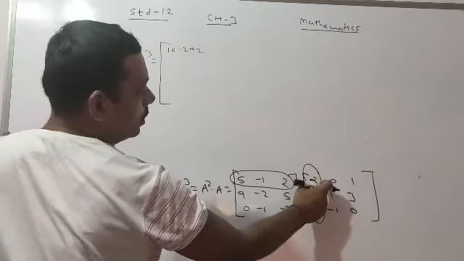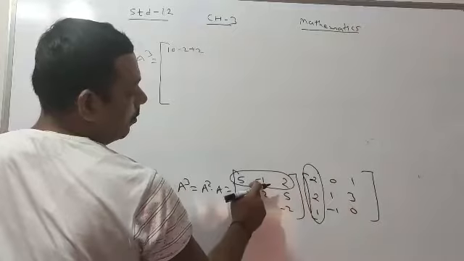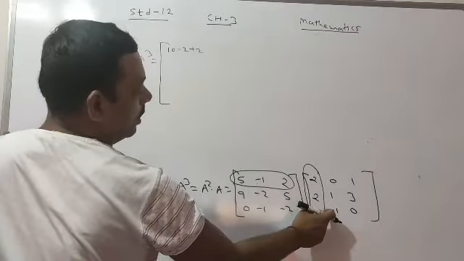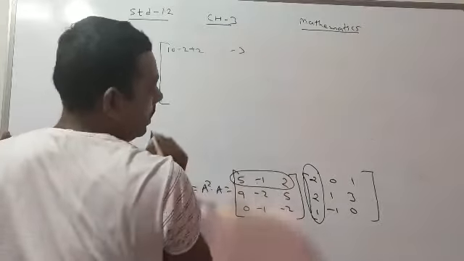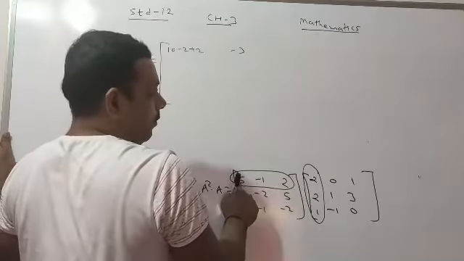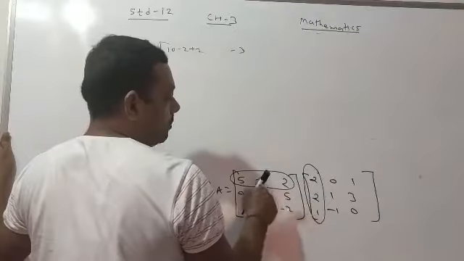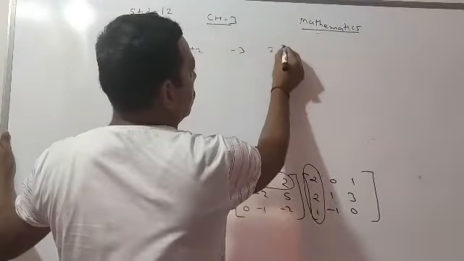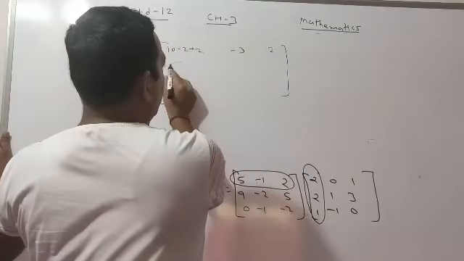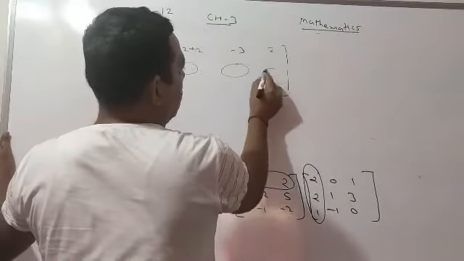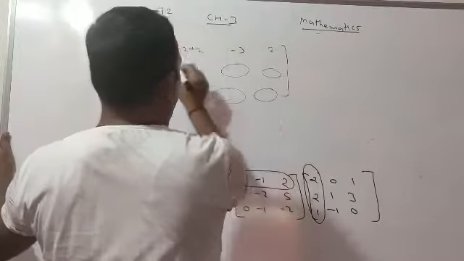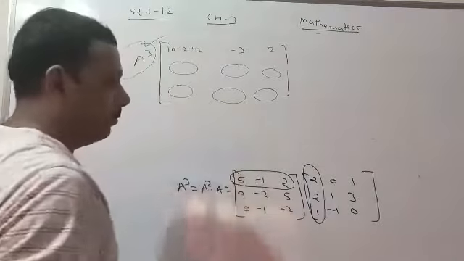So 5 into 0 is 0, minus 1 into 1 is minus 1, 2 into minus 1 is minus 2. So the final answer is minus 3. Same way, 5 into 1 is 5, minus 3 plus 0. So the final answer is 2. That way you have to write the remaining 6 entries, and this answer is nothing but the answer of A cube.